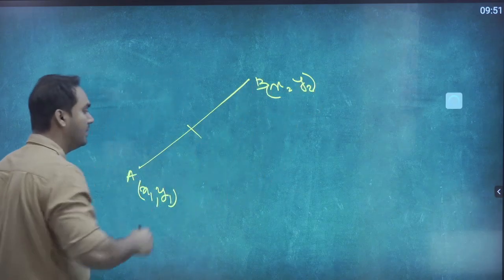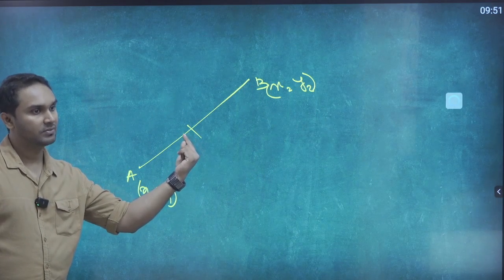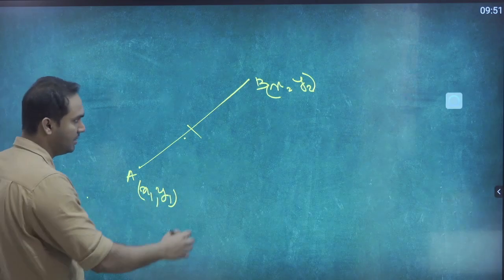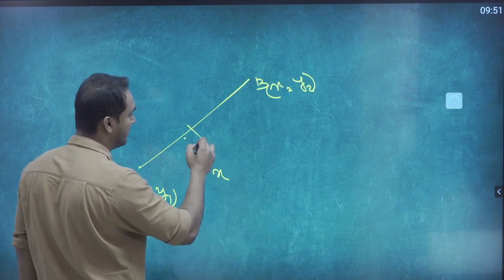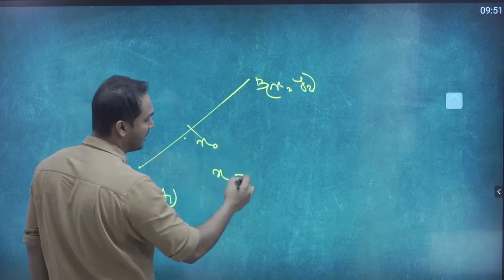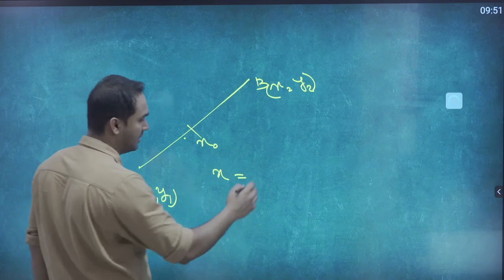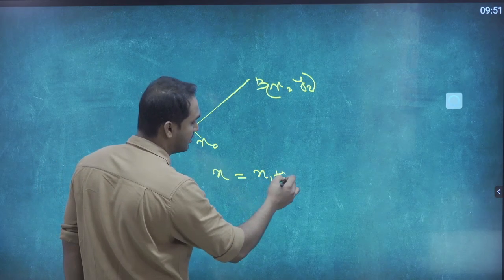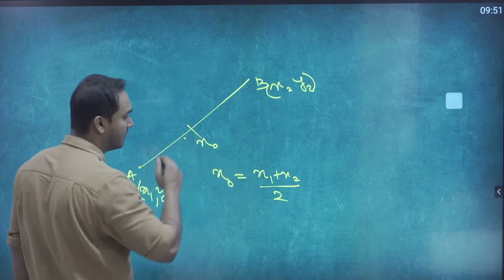If the line AB is divided evenly, the x coordinate of the midpoint, let's call it x0, is x1 plus x2 divided by 2. That will give the coordinates of the midpoint.